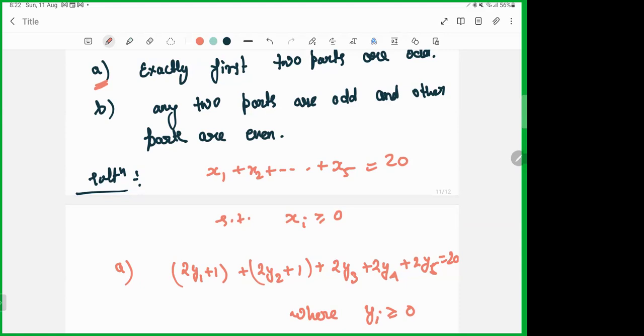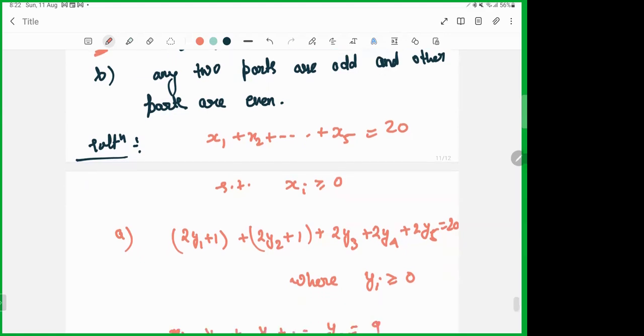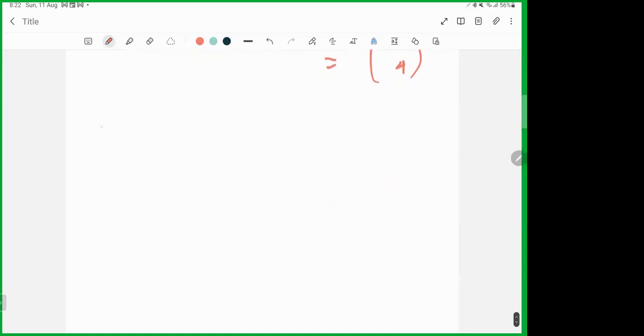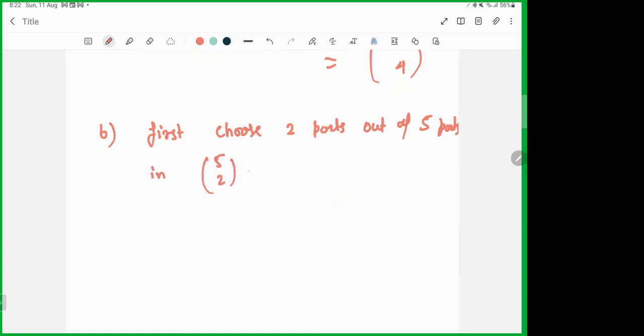So first choose two parts out of five parts in 5 choose 2 ways.